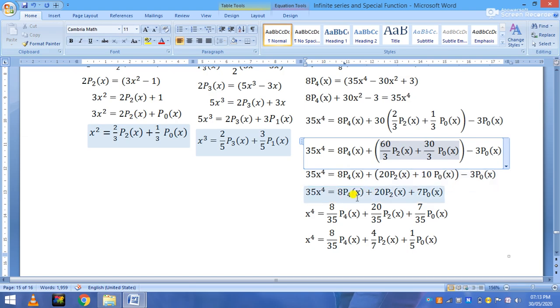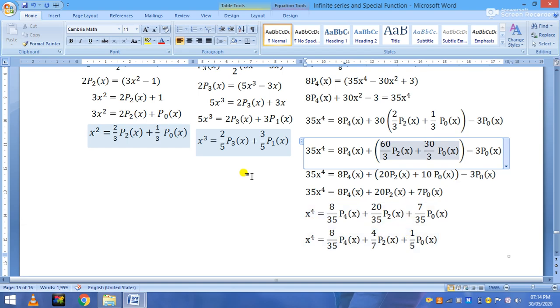You write it in the form of ascending. Therefore x raised to 4 is equal to, taking 35 this side, 8 by 35 into P4 of x plus 20 by 35 into P2 of x plus 7 by 35 into P0 of x, or it can be written as x raised to 4 equals 8 by 35 into P4 of x plus 4 by 7 into P2 of x plus 1 by 5 into P0 of x.